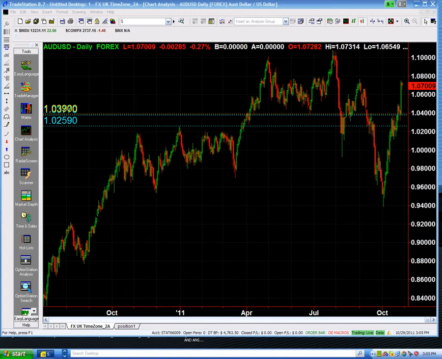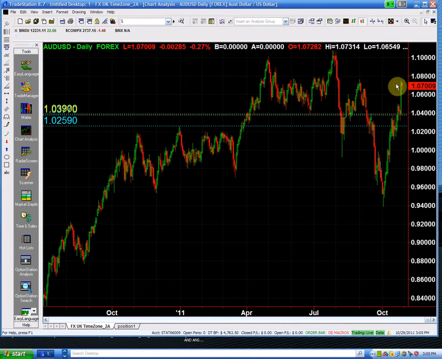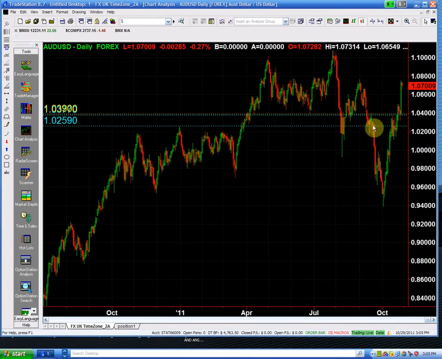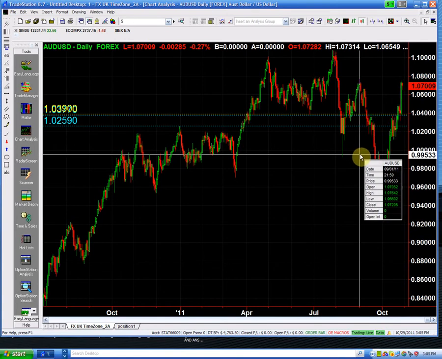Okay, so with this, yes, technically we're looking to be buyers of the Australian dollar, but we're waiting for a snapback. I have a structure point here, which is the 107.64.